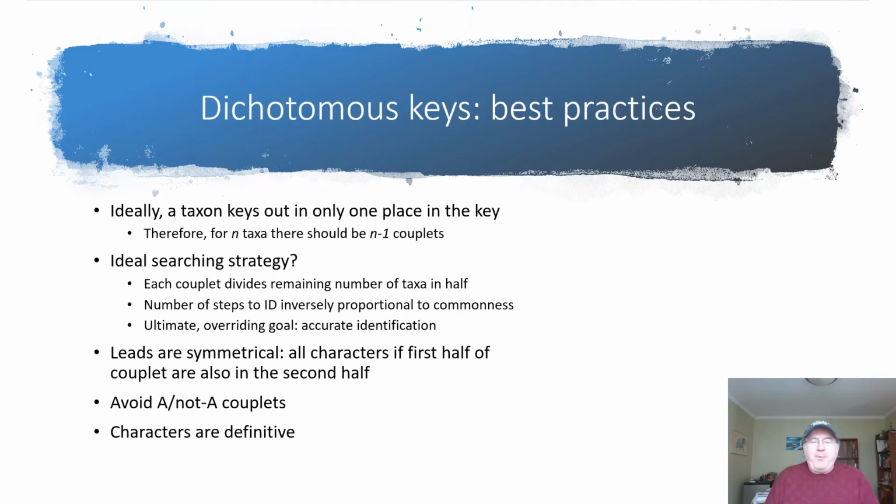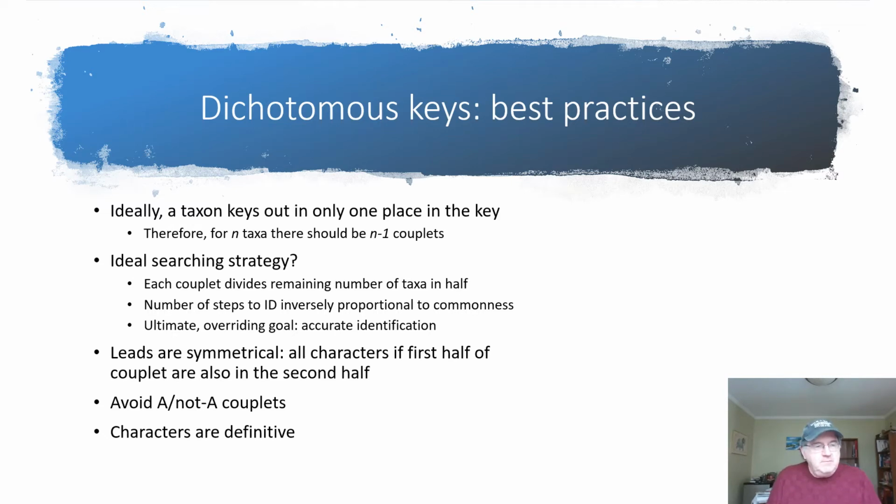So there are some best practices that a writer of a dichotomous key should follow in order to facilitate identification. I want to stress that in writing a key, the goal is to help the user get to a correct identification.